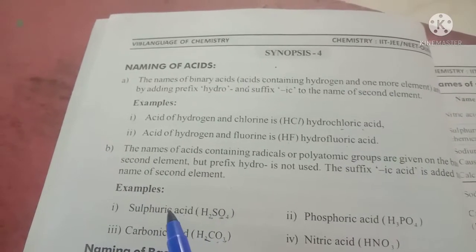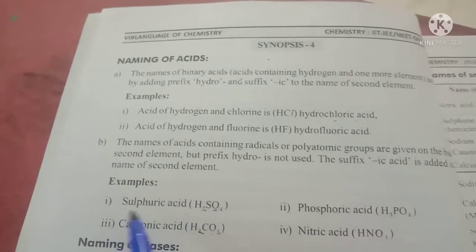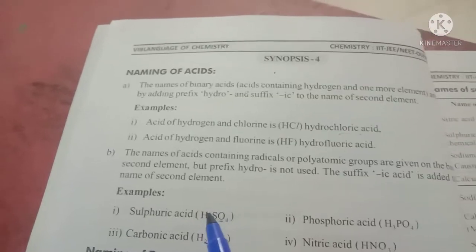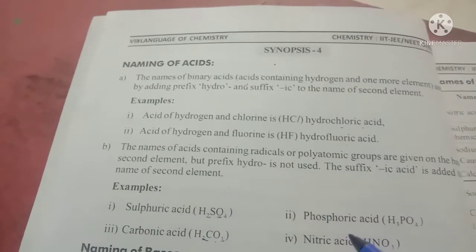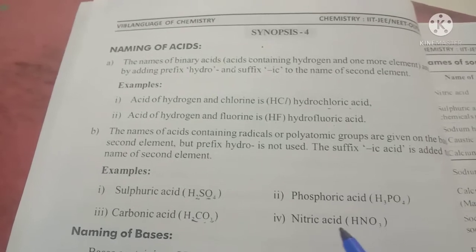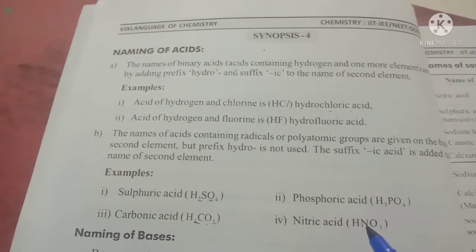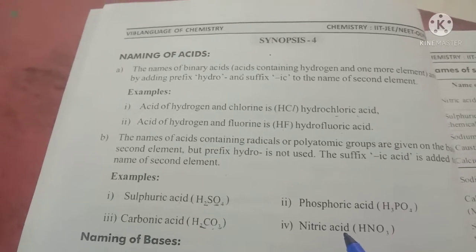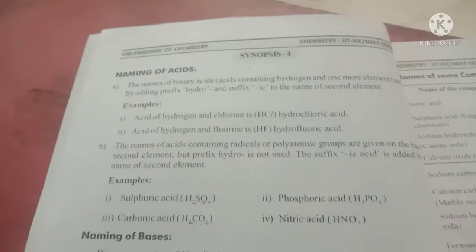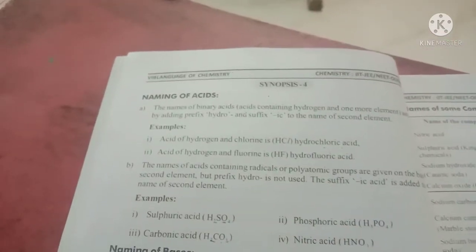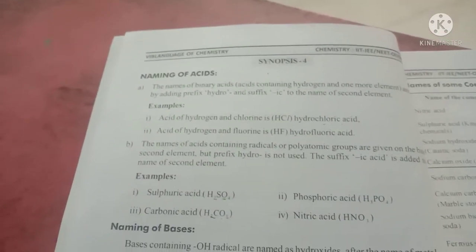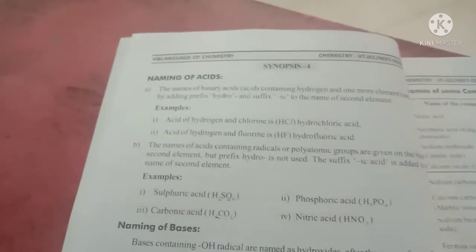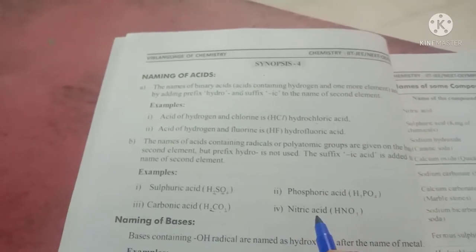Why did he take only sulfur? Come here: hydrogen is there, N nitrogen, O oxygen. But what is the name given? Only nitric acid. Why is it not hydronitric oxygen acid? Only nitric acid is the name given to it.